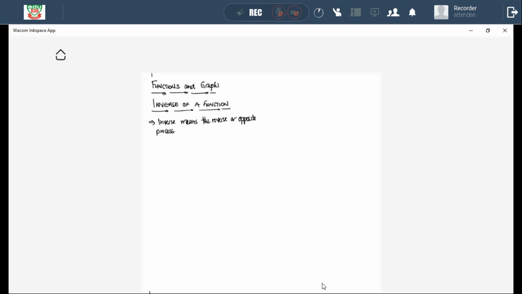Okay, right. Now, defining it classically, the classical or mathematical definition of the inverse of a function will say: if f of x is the inverse of g of x, then f of g of x equals x.